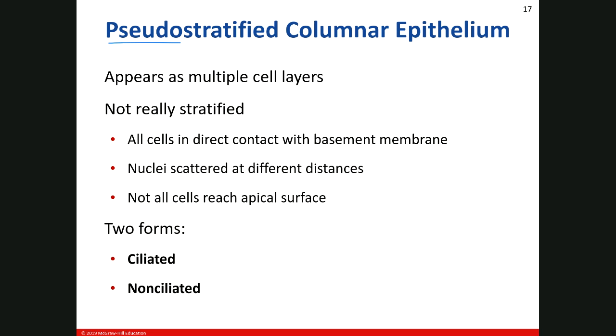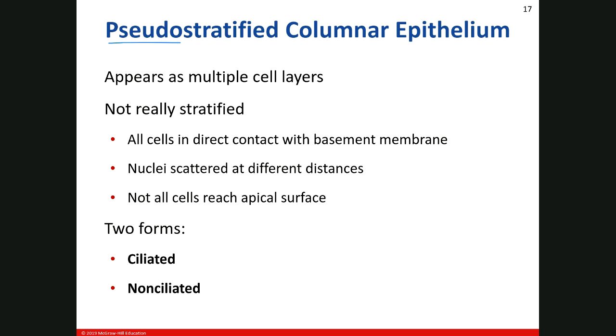It's a great test question. Great test question. But not every single cell makes it to the apical surface. Because the nuclei are kind of staggered on top of one another, it gives you the appearance that it's stratified.